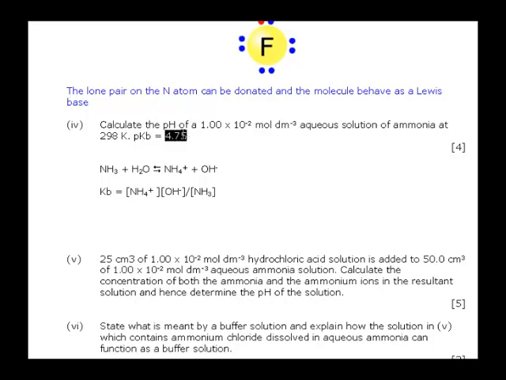So now, we need the Kb from pKb, and we do this by taking the 10 to the minus 4.75, which is of course 4.75, change sign, anti-log, and it's 1.78 times 10 to the minus 5.